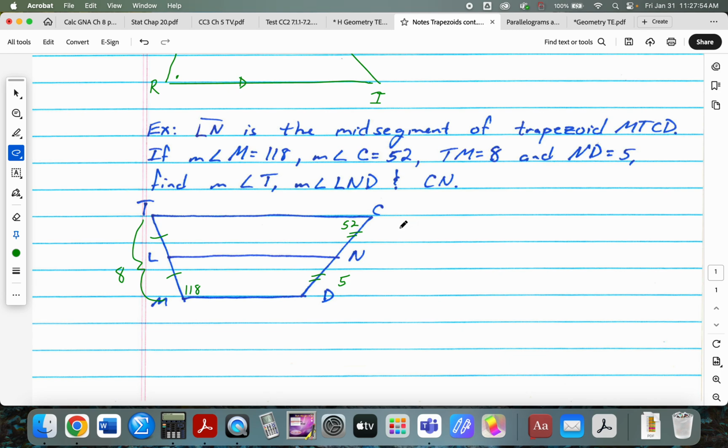Angle M. People will look at this and think it's an isosceles and think it's related to angle C and say it's 52. But we don't know that it's isosceles. So we'll take 180 minus 118, and that's 62. So that's 62 degrees.